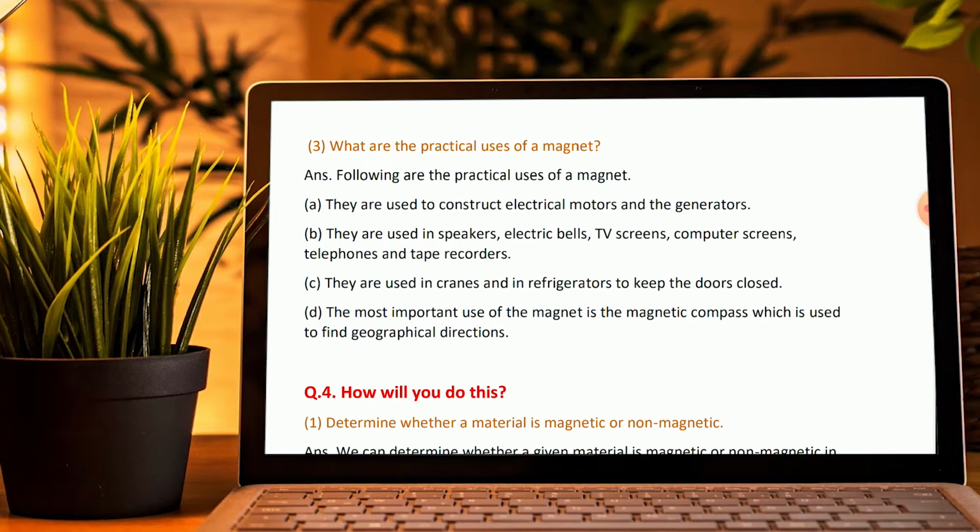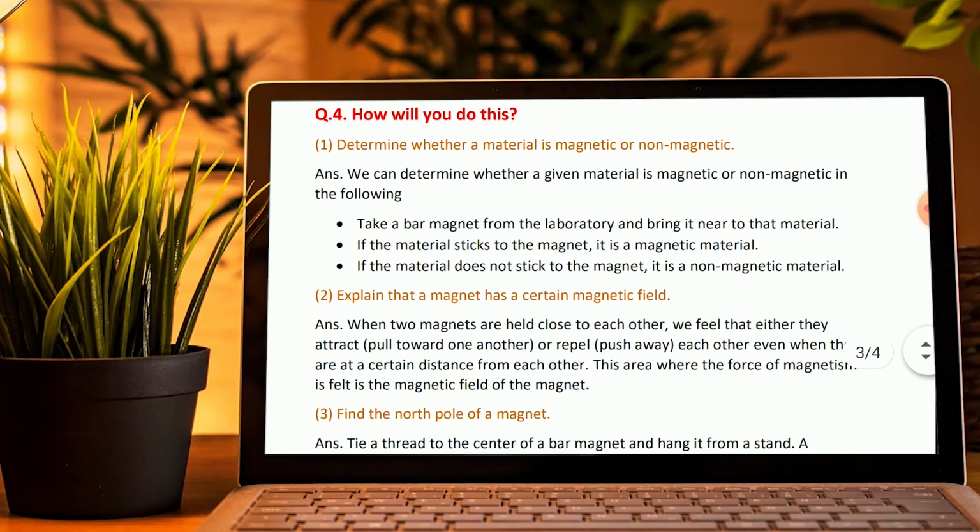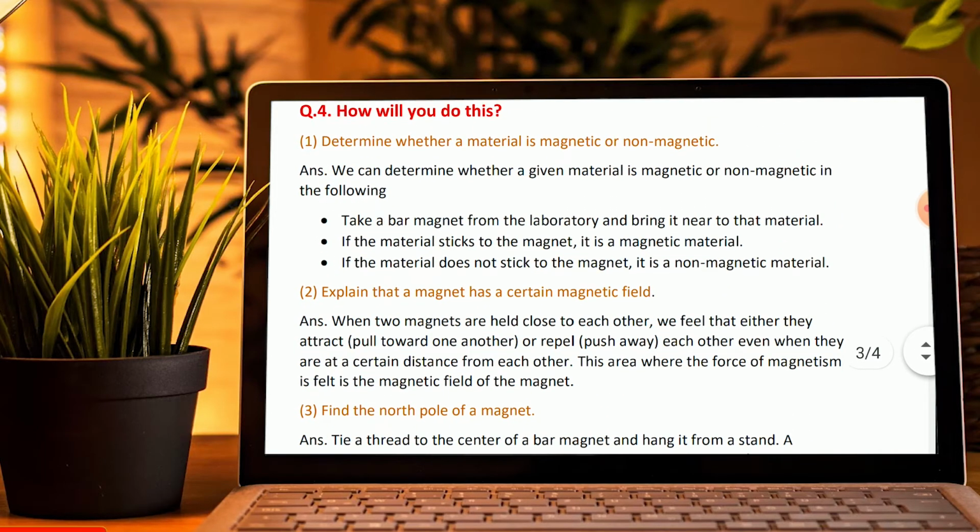C. They are used in cranes and in a refrigerator to keep the door closed. D. The most important use of a magnet is the magnetic compass, which is used to find the geographical directions.